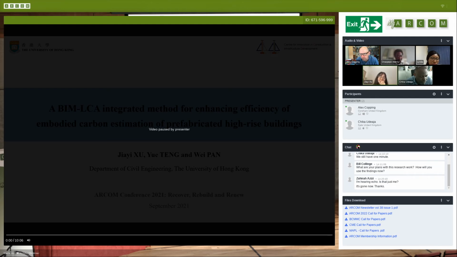No, SIMPRO does have the data interoperability. The data interoperability between BIM and LCA exists no matter what software we use, but SIMPRO provides a function that we can input the CSV files into the SIMPRO, and it can read the CSV files and automatically establish the LCA model.